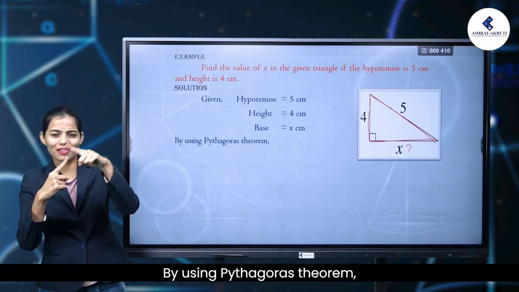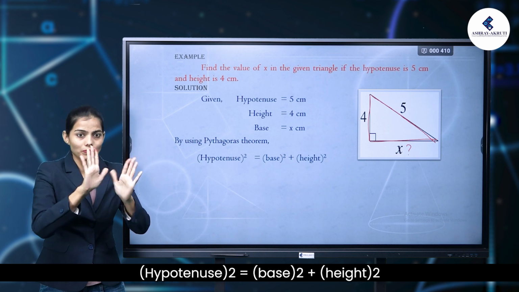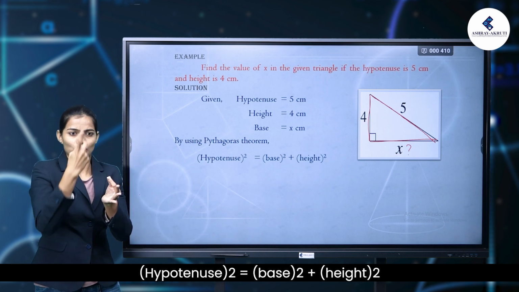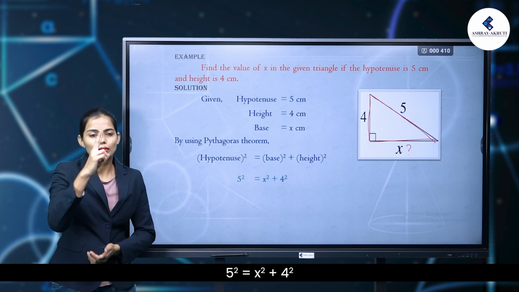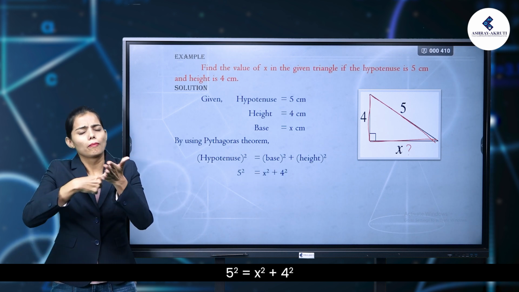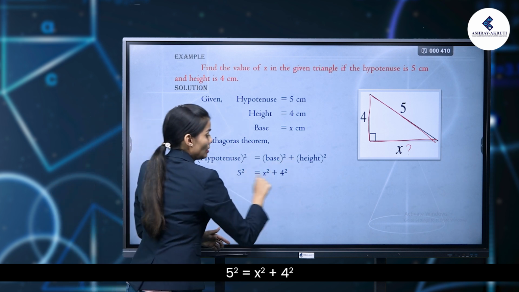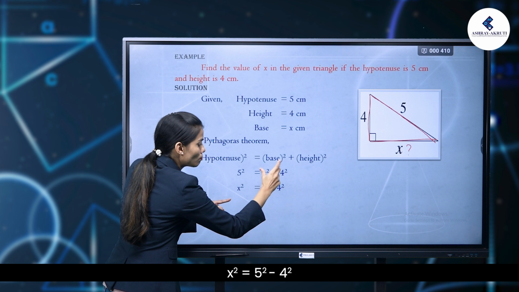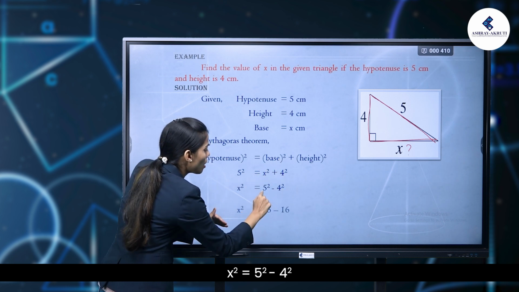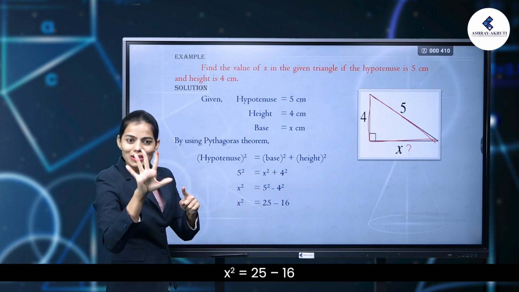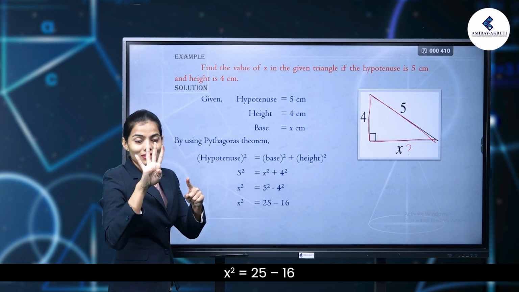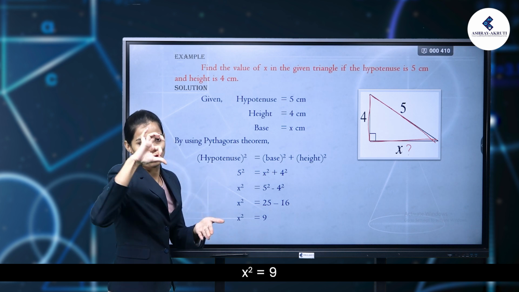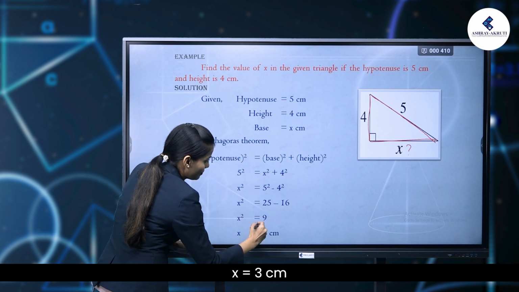By using Pythagorean theorem, hypotenuse square is equal to base square plus height square. 5 square is equal to x square plus 4 square. x square is equal to 5 square minus 4 square. x square is equal to 25 minus 16. x square is equal to 9. x is equal to 3 centimeter.